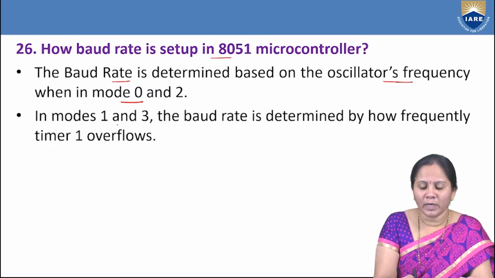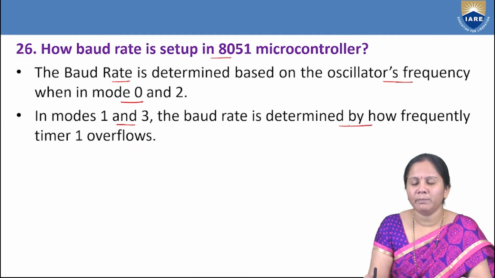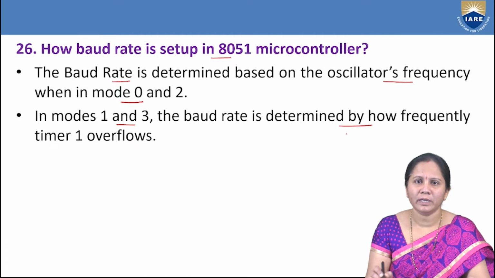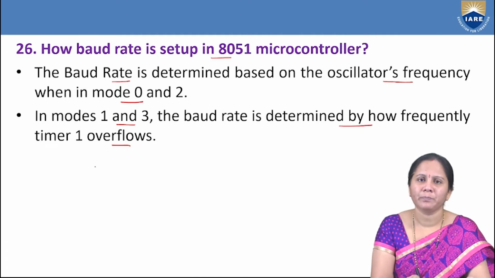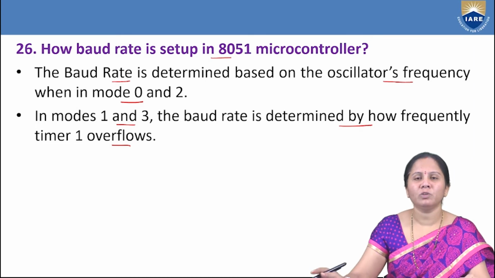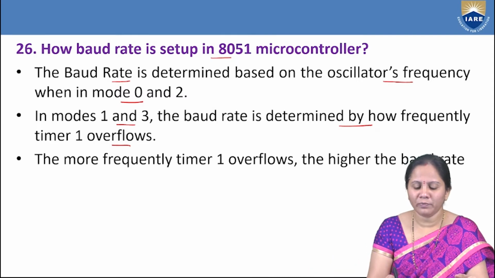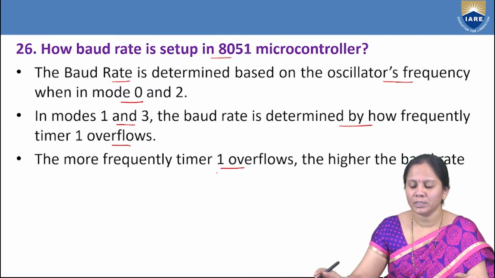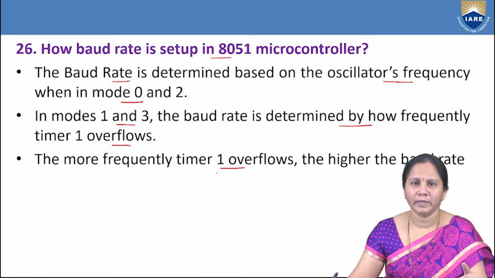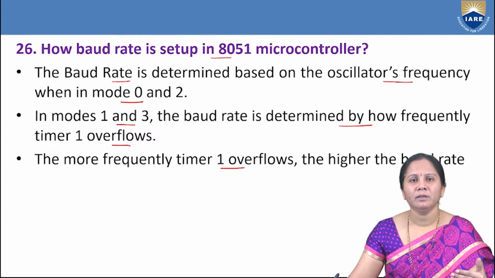In modes 1 and 3, the baud rate is determined by how frequently timer 1 overflows. So based on the different modes of operation, the baud rate will be determined. The more frequently timer 1 overflows, the higher the baud rate.